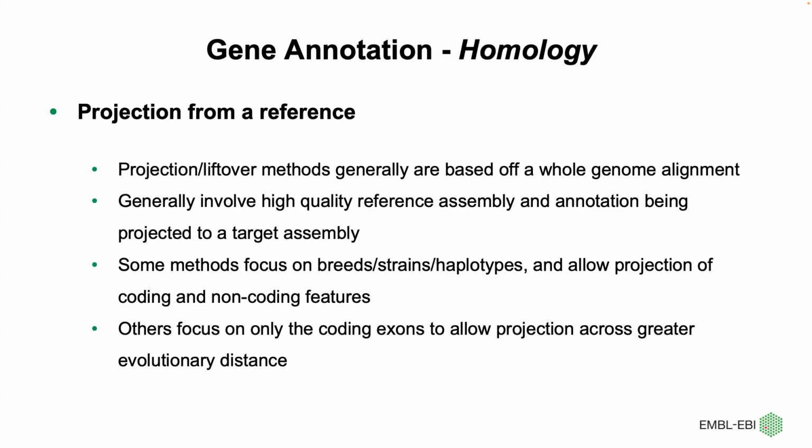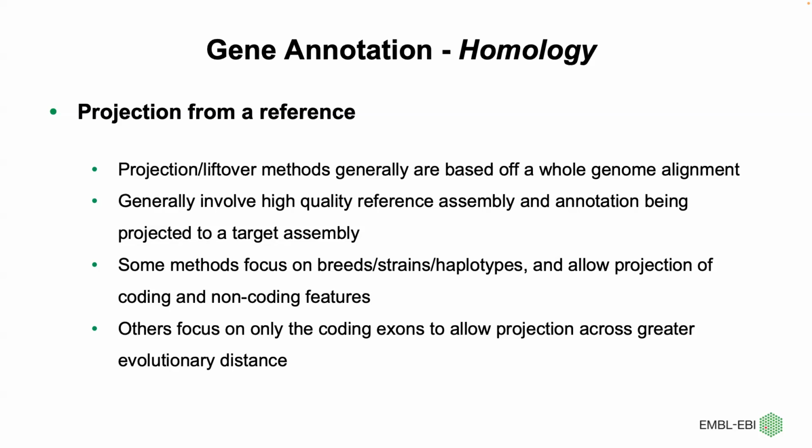The second part of homology is the projection from reference, where we use a reference genome and do a whole genome alignment. We generally prefer high quality assembly and annotation, so that the target relies on the reference annotation.